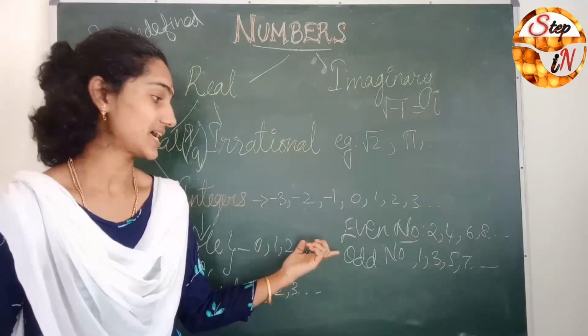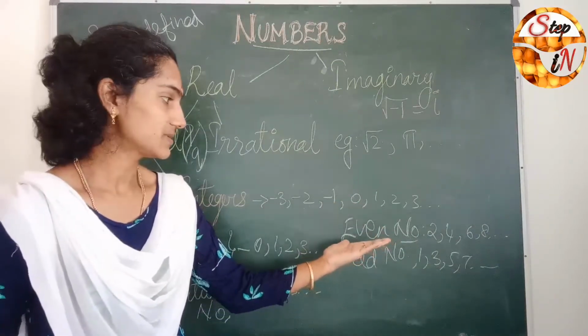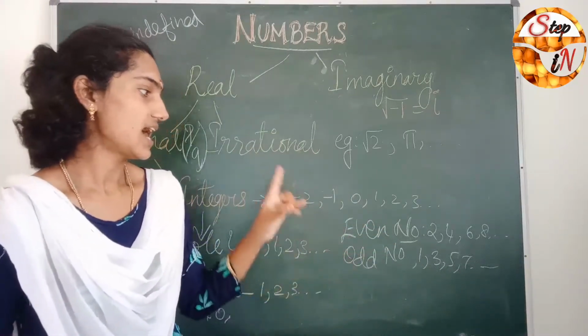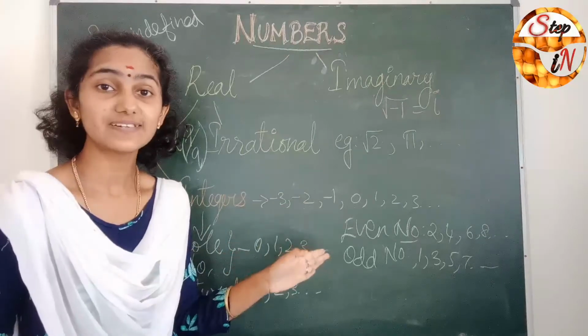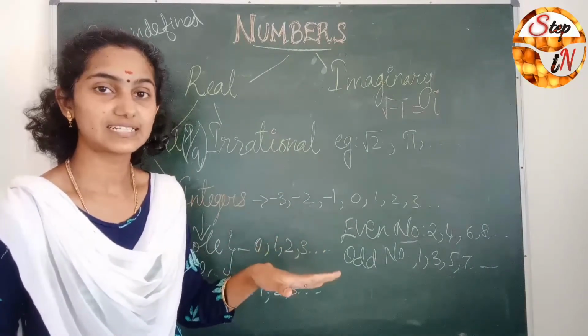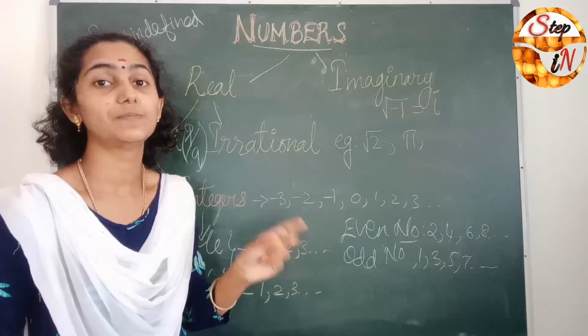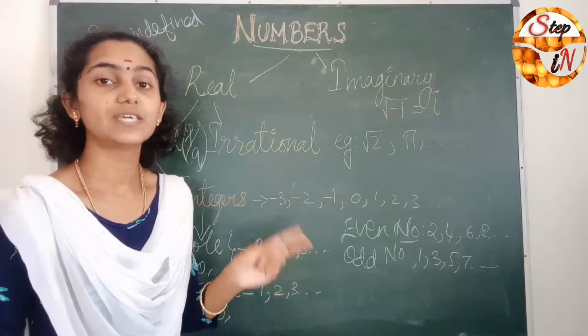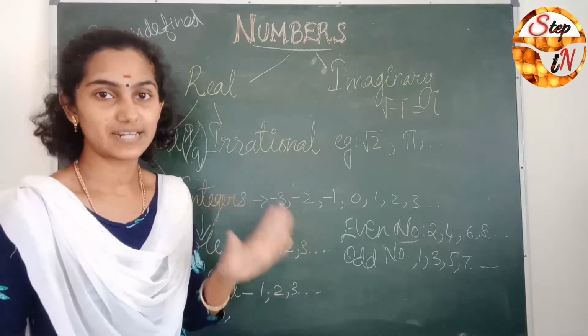What are prime numbers? Prime numbers are numbers greater than 1, and a number is said to be a prime number if it has only two factors: 1 and the number itself.